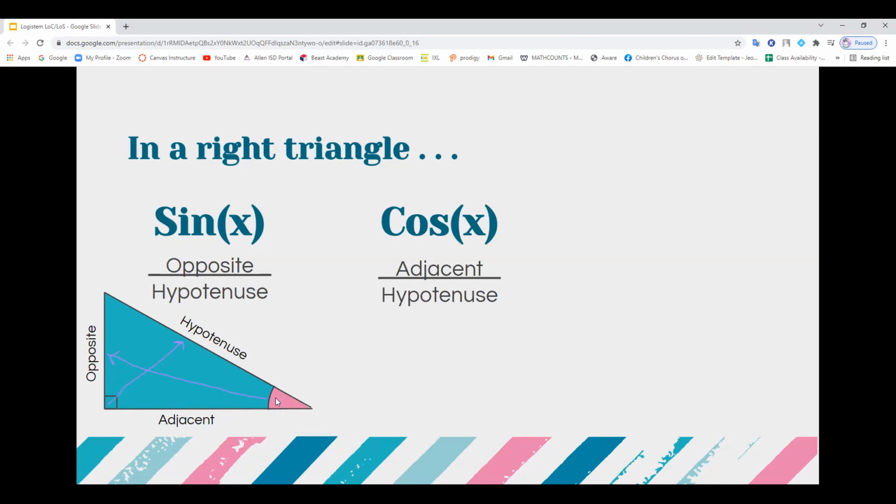So adjacent is the side touching the angle, that's not the hypotenuse. And then finally we have tan, which is the opposite side over the adjacent. If anyone needs to know, tan of x is also equal to sine of x over cosine of x.